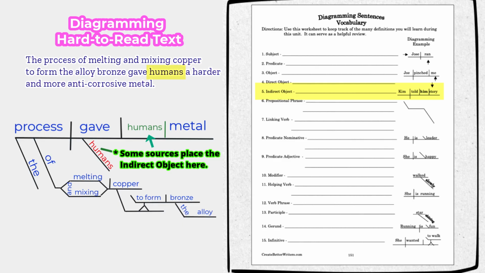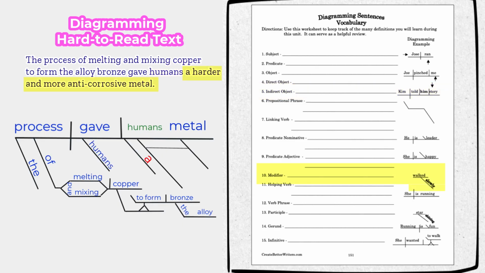And if they see something really important and they want to understand it, eventually I just catch myself diagramming the sentences in my head if I come across something kind of complicated. It really takes your reading to a whole new level once you start seeing sentences in your mind diagrammed.